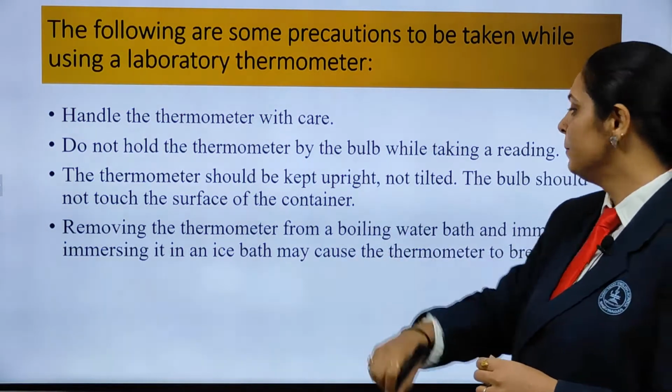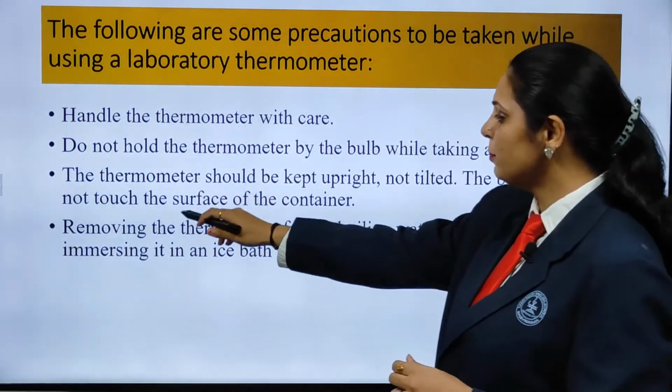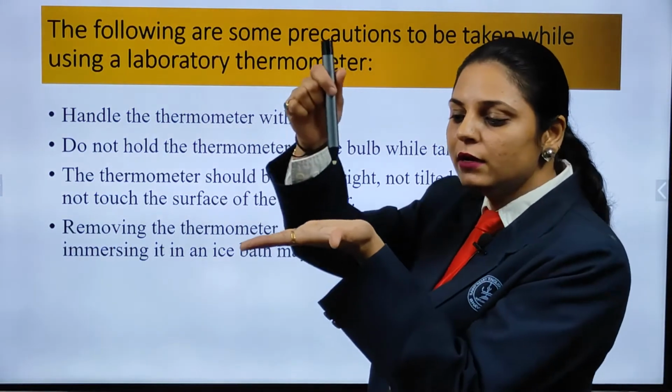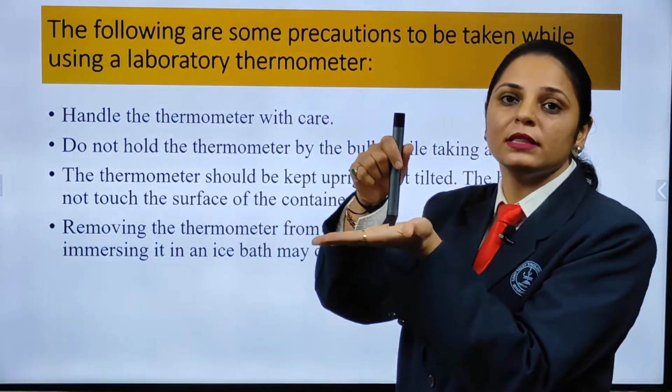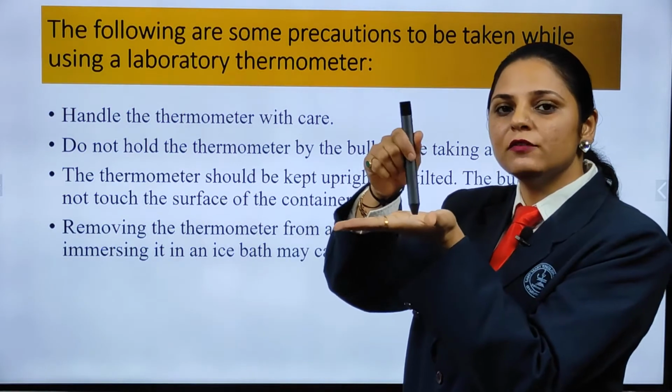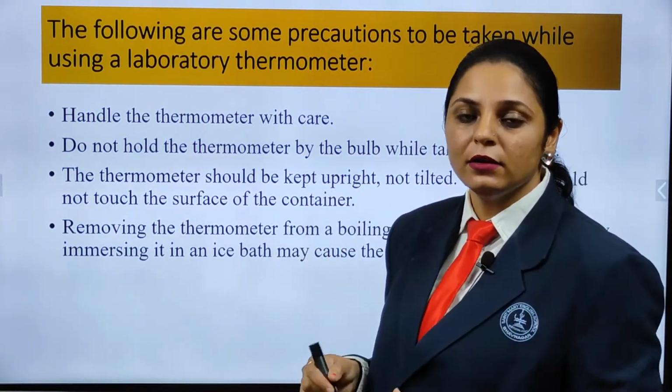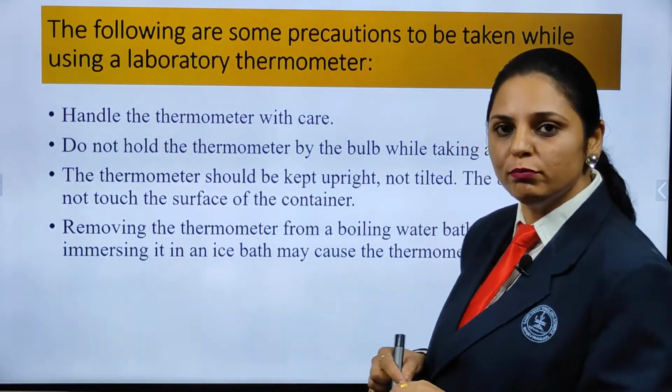It should not be tilted, and the bulb should not touch the surface of the container. Say, for example, you have a container and you want to check its temperature. It should not touch the surface. It should hang so that it comes in contact with the matter you want to measure.